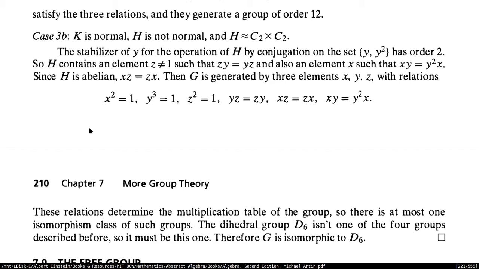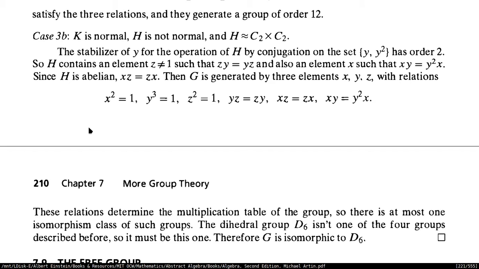The stabilizer of Y, if you remember, is the set of elements from G that you can use for conjugation for whatever you're taking the stabilizer of, right? Wait, no, that's the normalizer maybe. I think the normalizer is just the stabilizer when you use conjugation as your group action, right?